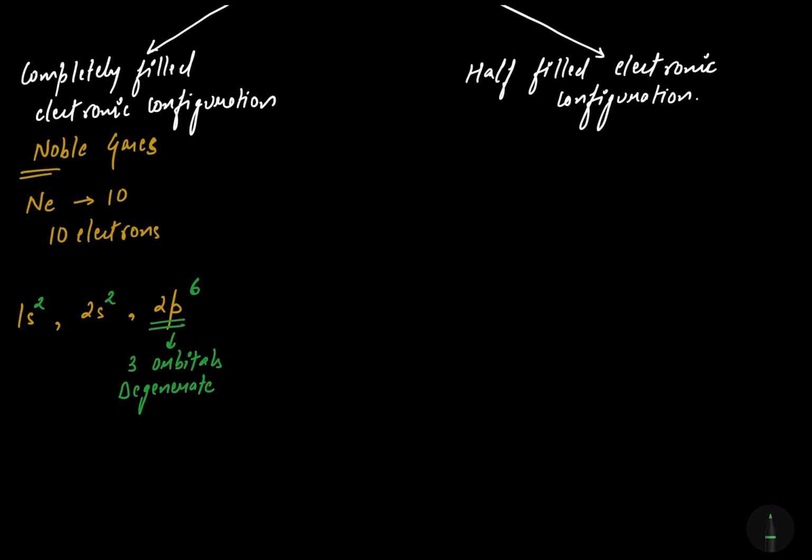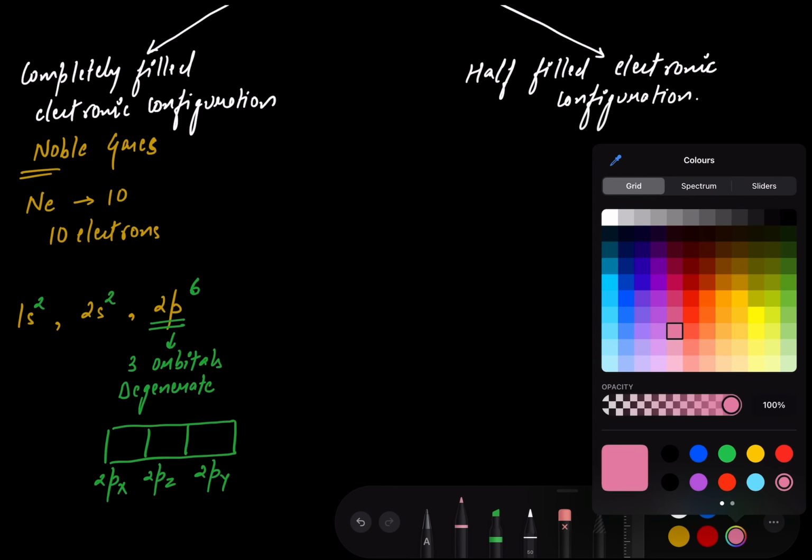So let me draw these 3 orbitals in the form of boxes. So we got the 3 degenerate orbitals. The first one is 2px, the second one is 2pz, and the third one is 2py. So we have to fill 6 electrons over here. So I will fill the electrons according to Hund's rule. That is, firstly all the orbitals will get 1 electron each.